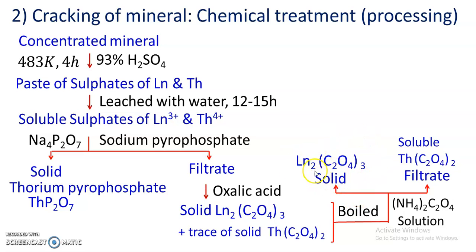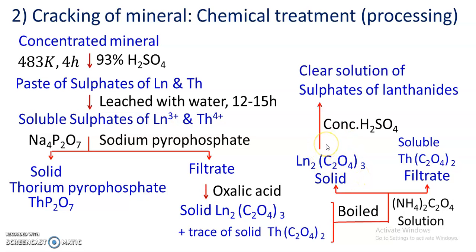So this solid lanthanum oxalate is treated with concentrated sulfuric acid, and there is a formation of a paste of lanthanum sulfates. This lanthanum sulfate paste is again leached with water, diluted, and there is a formation of a clear solution of sulfates of lanthanides.